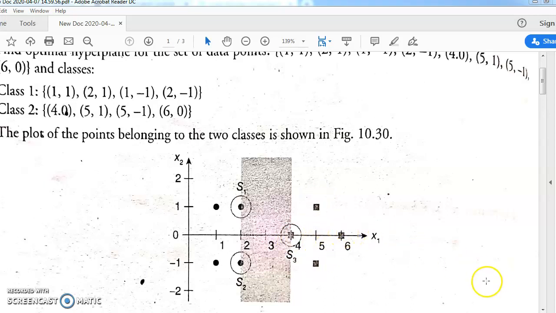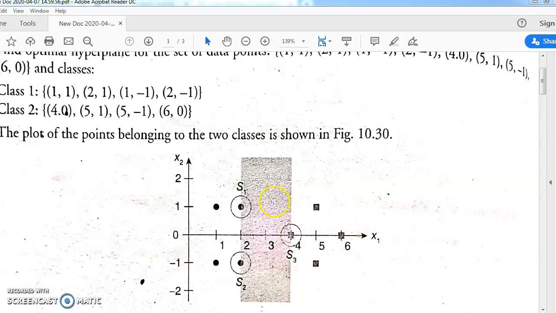Dear students, there are two different types of examples to be solved by the SVM. First is linear SVM and next is non-linear SVM. Here it is clear that this problem is a linearly separable problem, meaning one class is towards the left side and the other class towards the right side.